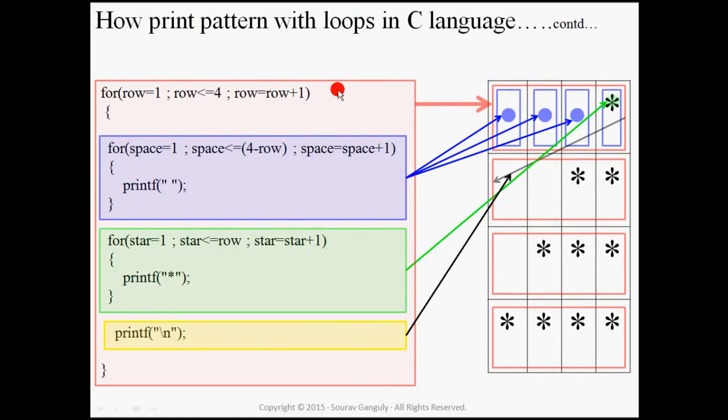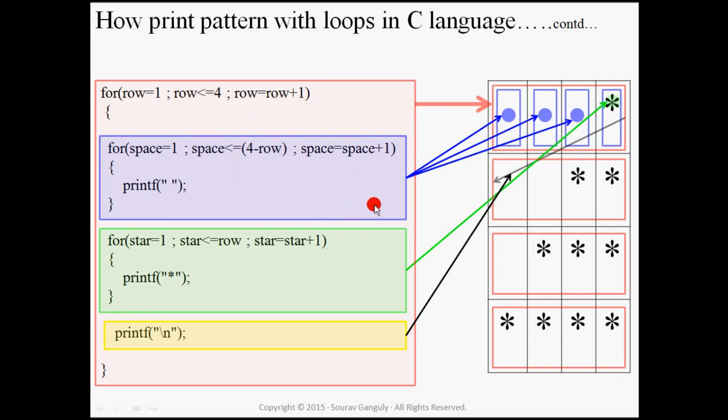Now check this program. If you understand this program, then no pattern will create a problem. This red section represents the row, the first row. That means when the row number is 1, this is row 1, and this is the total number of rows.